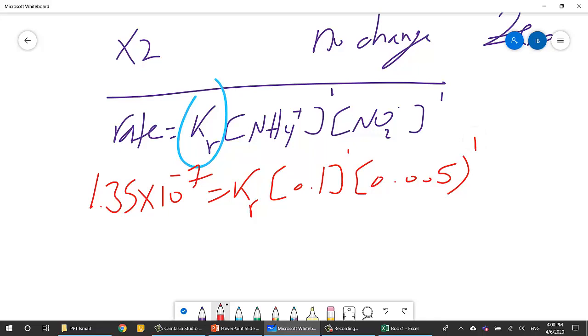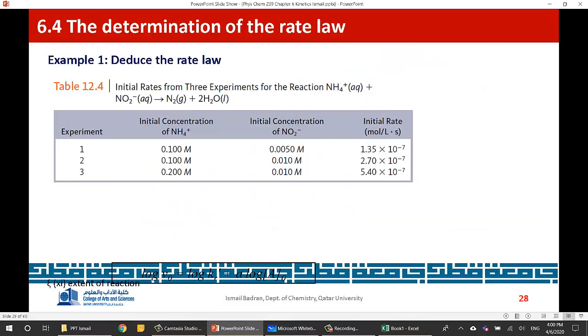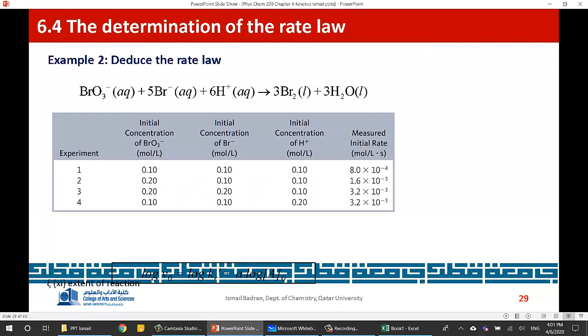You can also determine easily the value of the rate constant. I will leave you to do this as homework. This was a more complicated one, but here you have to fix the concentrations of all the species except the one that you need.